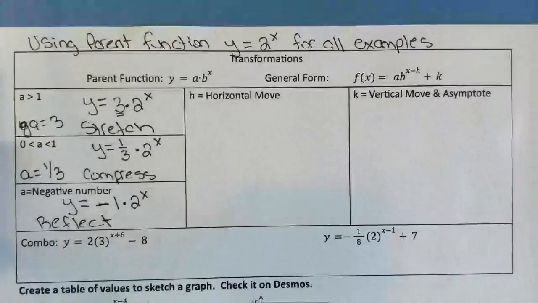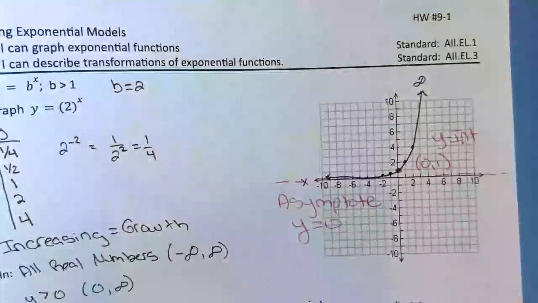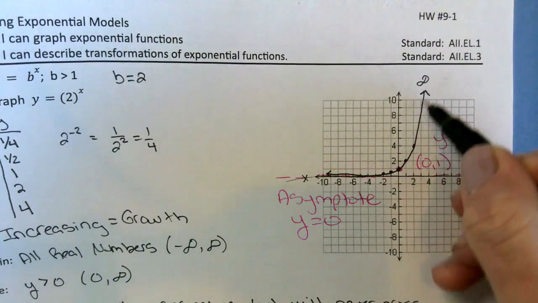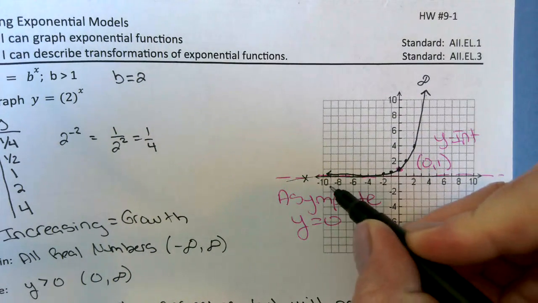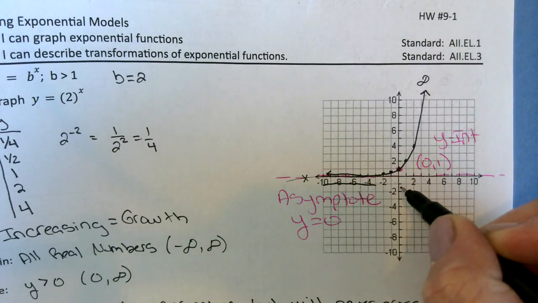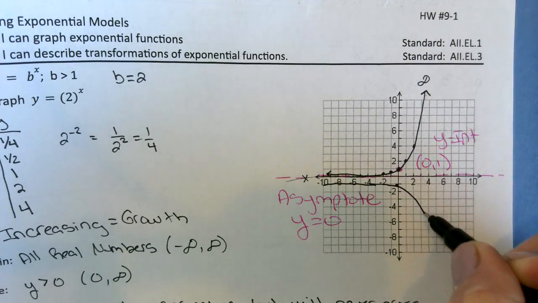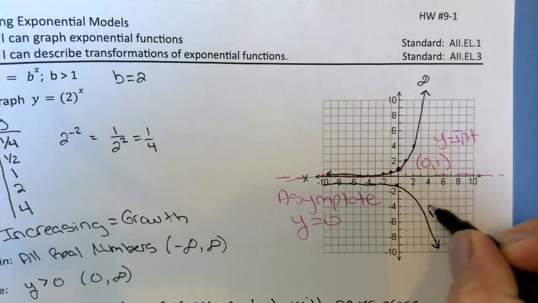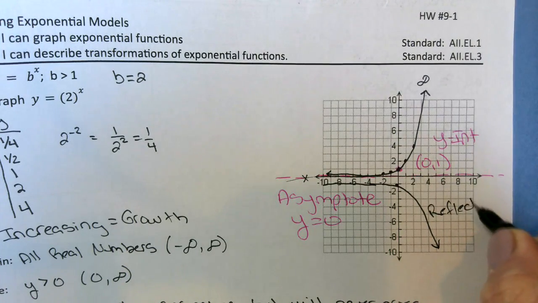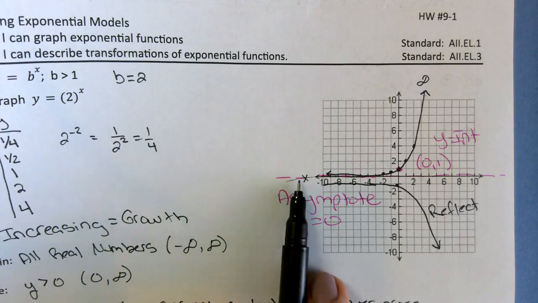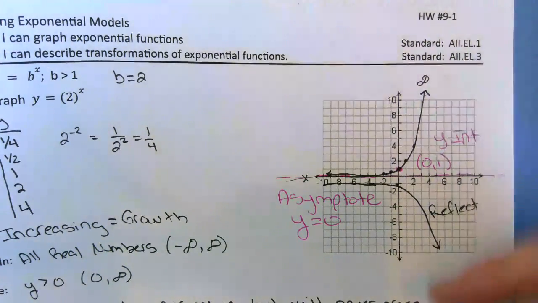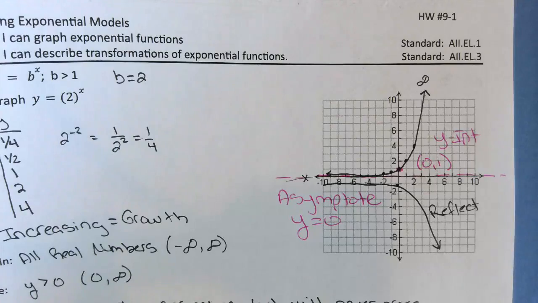And so if it reflects, so over here, it looked like this. If it's going to reflect, then it's going to cross right there and then go down. And so this is what a reflecting function would look like. So it takes it and it just flips it over the x-axis.